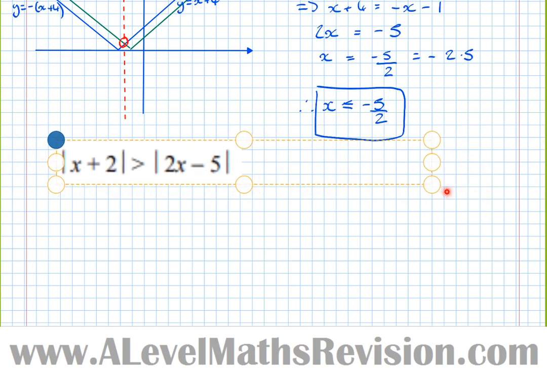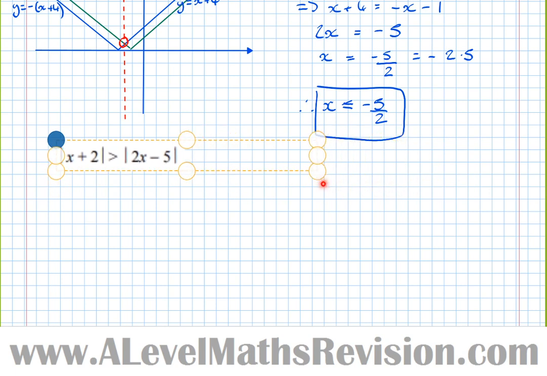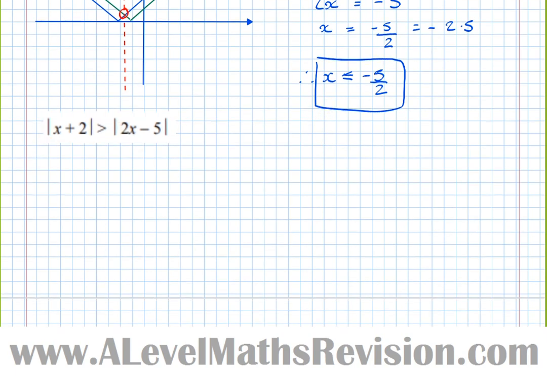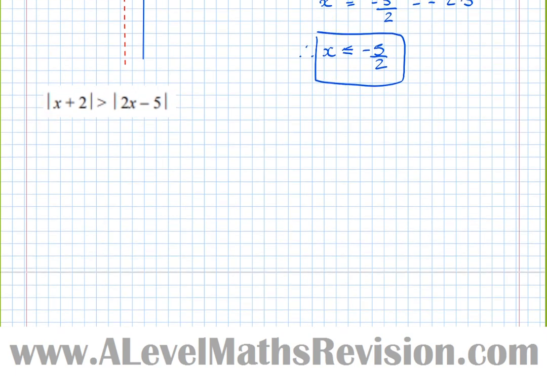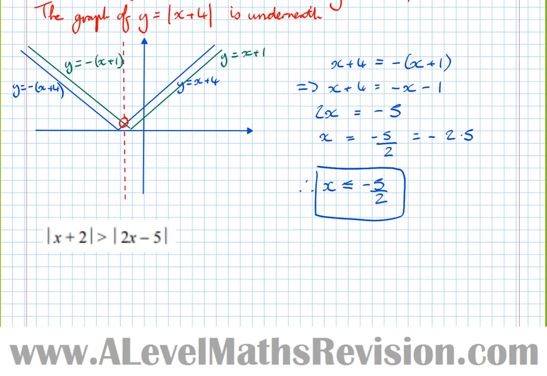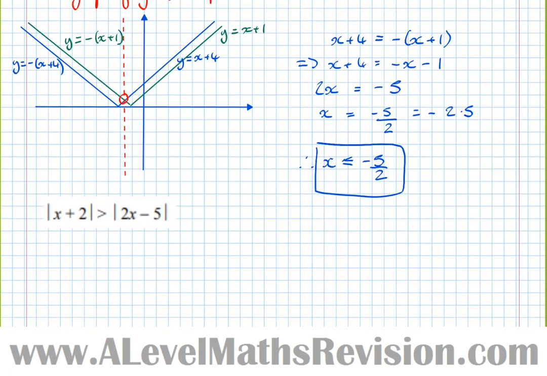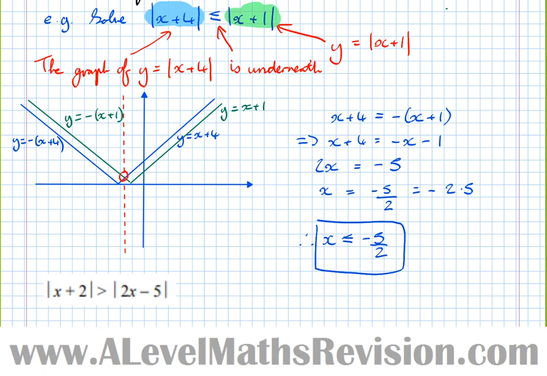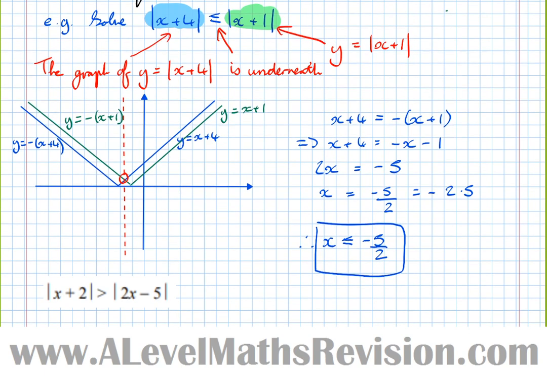So let's try and solve that where mod of x plus 2 is greater than 2x minus 5. So have a go at solving that using the method I've just shown you. I'll leave that up there so you can see. Take a few minutes.